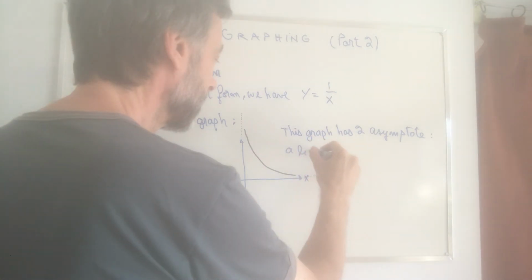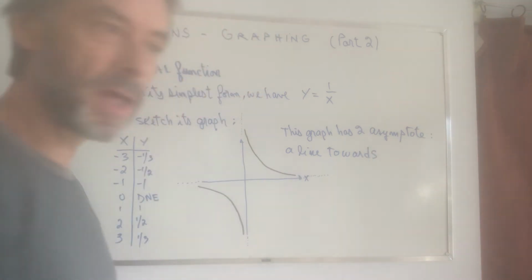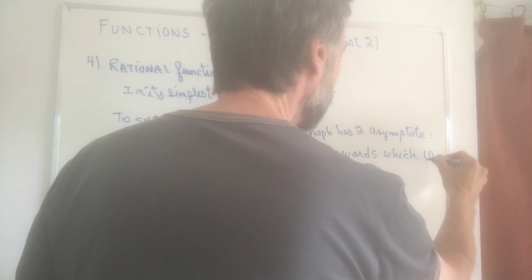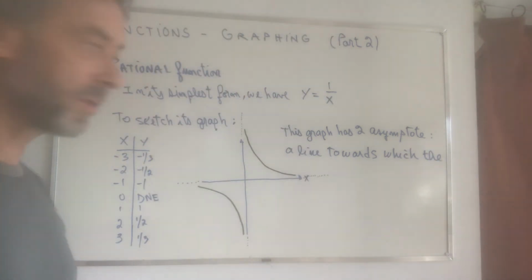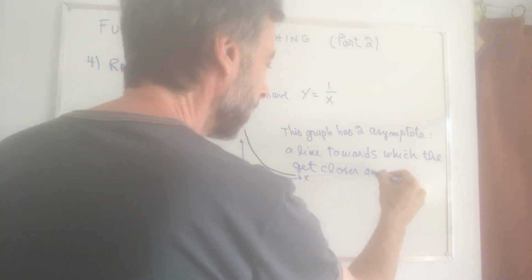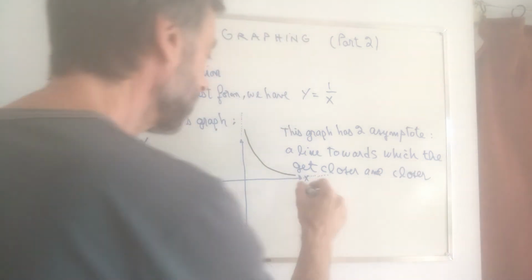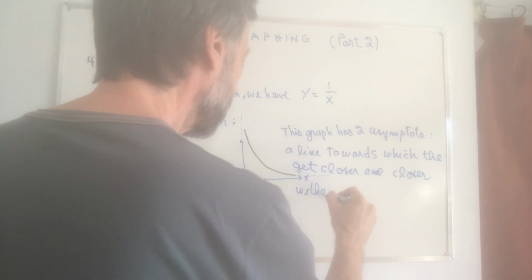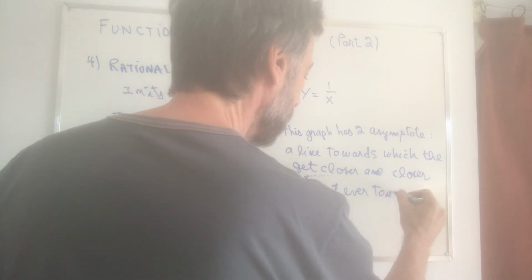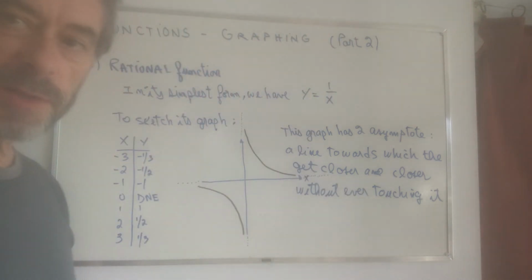It's a line towards which the graph gets closer and closer without ever touching it, without ever touching the line, touching the asymptote.